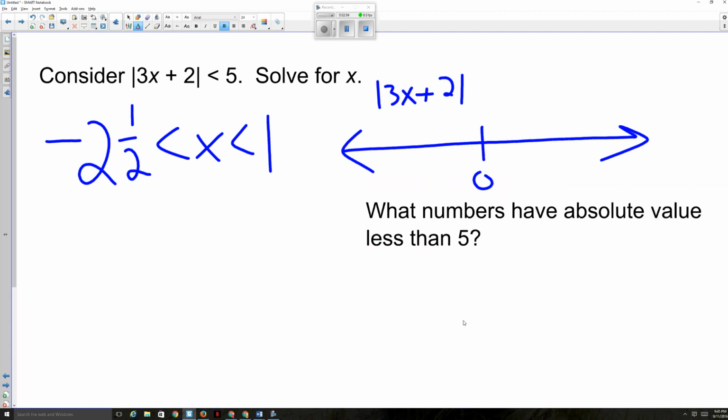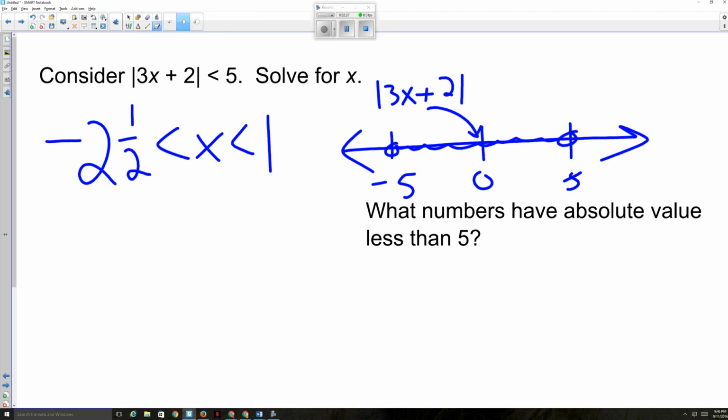Well, hopefully this makes sense to you, that these values here are between 5 and -5. So 3x plus 2 has to lie in here somewhere where I've shaded. Okay, and actually not the absolute value.